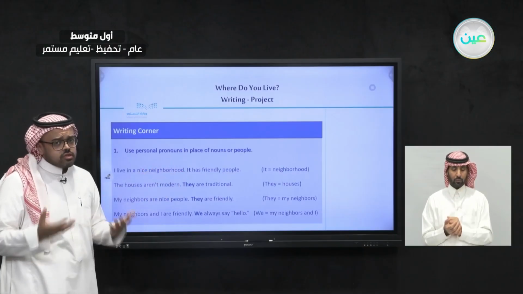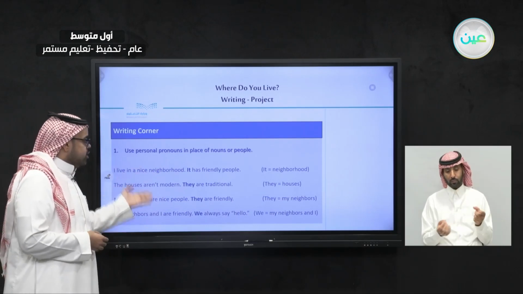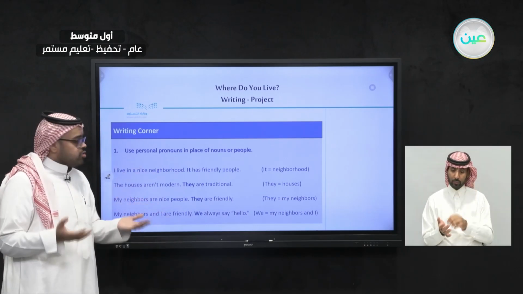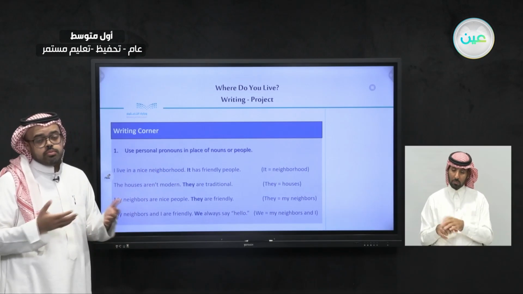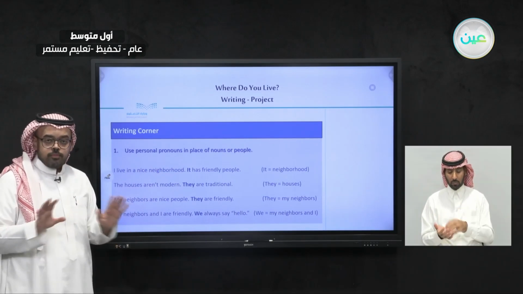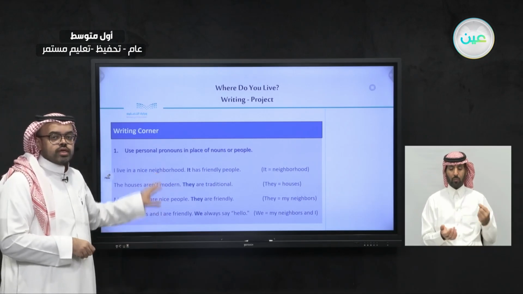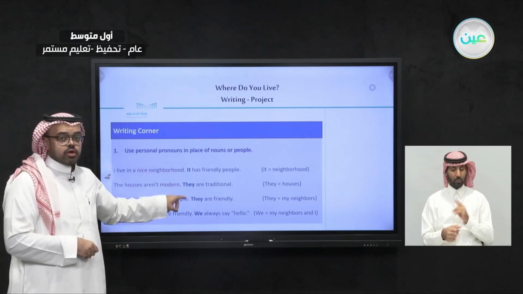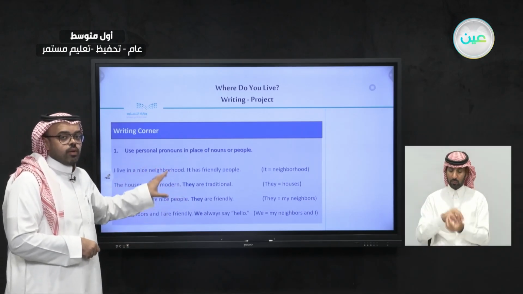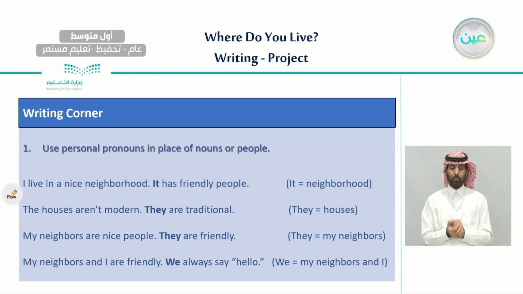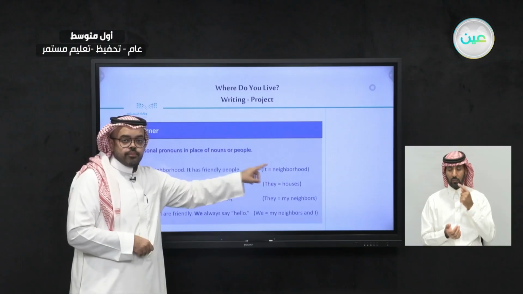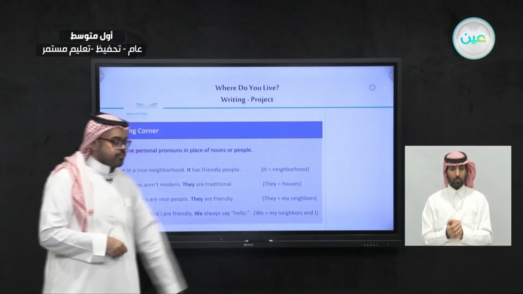So instead of saying, for example, I live in a nice neighborhood, the neighborhood has friendly people, the neighborhood has places, instead of repeating the word neighborhood, we use a personal pronoun. And in our case here, the personal pronoun we used is 'it'. So as you can see, 'it' refers to neighborhood.